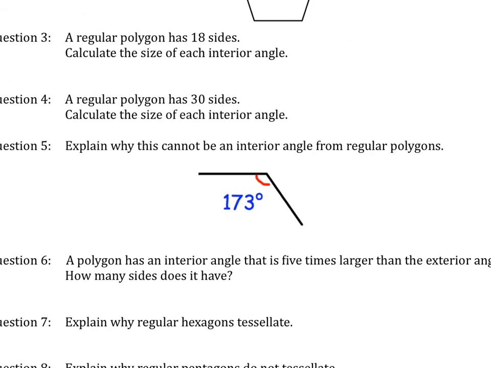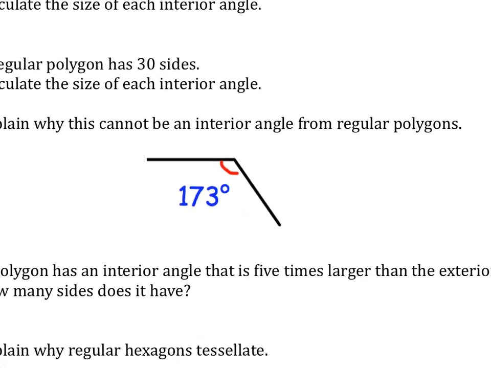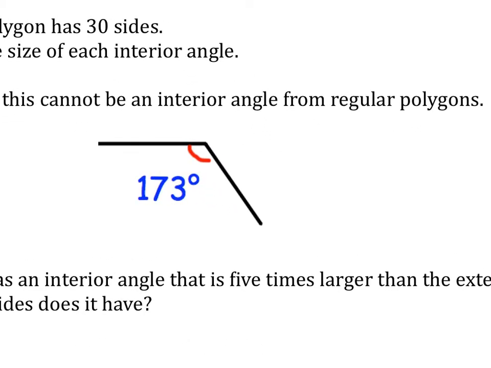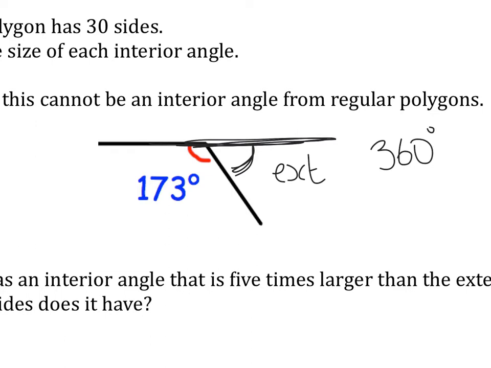Explain why this cannot be an interior angle from regular polygons. So regular polygons is whenever all the angles are the same. I would start this one off by continuing this line out, okay, and finding this exterior angle. Once you know what the exterior angle is, I want you to think about the fact that exterior angles add up to 360 degrees.